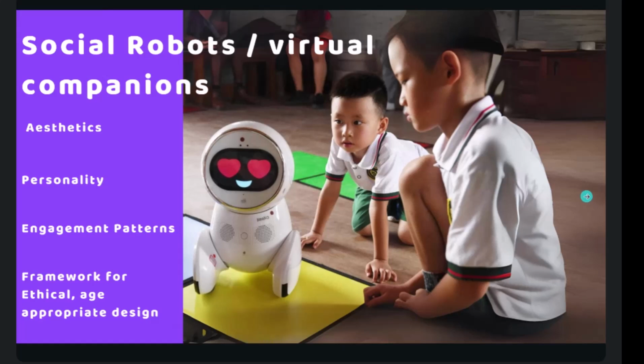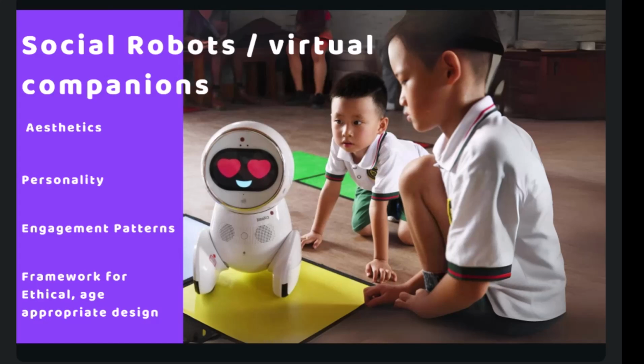And research also shows that the way you design the robot and your choices of aesthetics, is it a cute robot? Does the robot look like an animal or like an adult? And their personalities, do they tell jokes? Do they make mistakes? Do they ask you questions about yourselves? And the way they engage, for example, if they try to copy your behavior or match their facial expressions to yours, makes a huge difference in how amenable the kids are to learning from the robots.